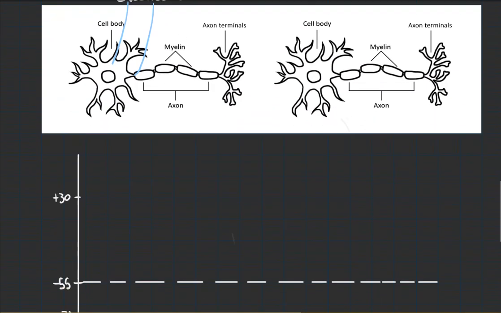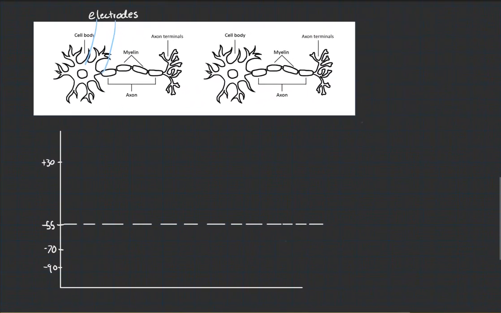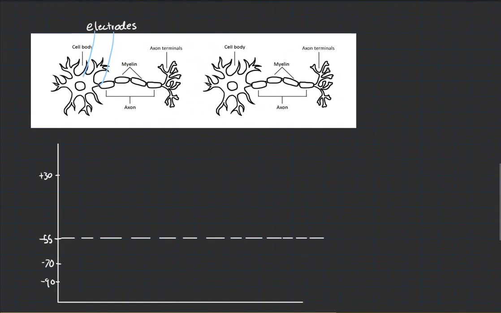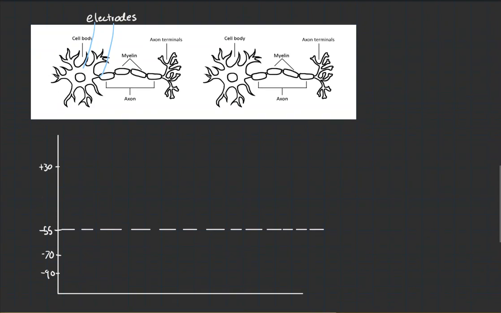Okay, so now let's look at an action potential. What I've done here is copy and paste two drawings of a neuron together. If you want to, find drawings of neurons to copy and paste together, or just quickly draw your own neurons. And then also down here, draw an axis for yourself and label it the way that I have labeled it so far.